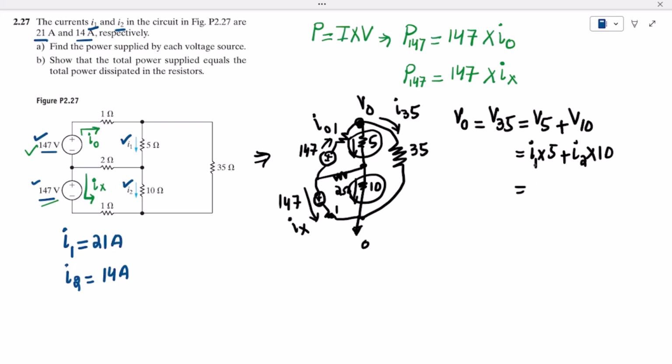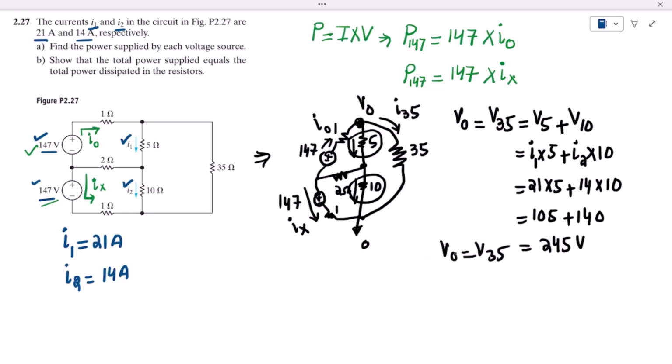The value of I1 is 21 multiplied by 5 plus I2 is 14 multiplied by 10. This would be 105 plus 140, so the value is 245 volts, which is V0, which is V35.